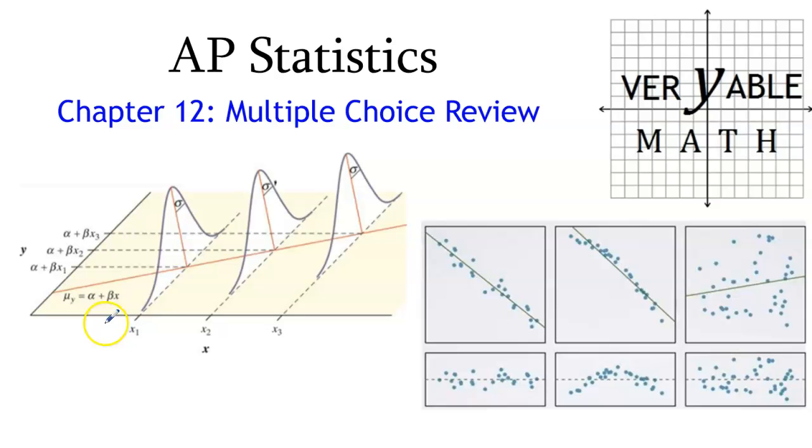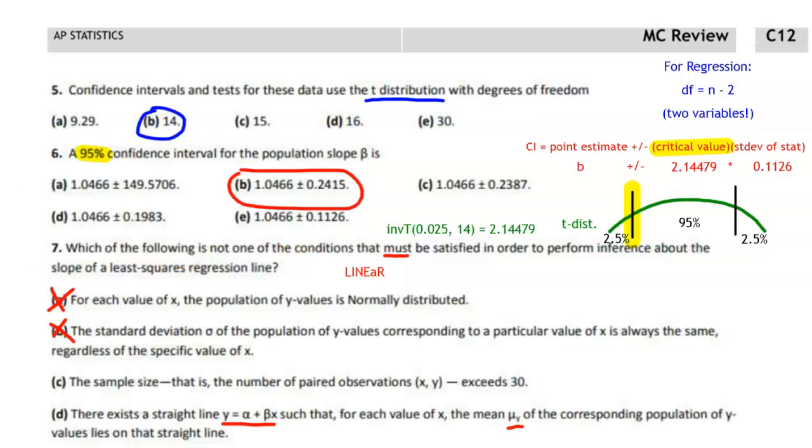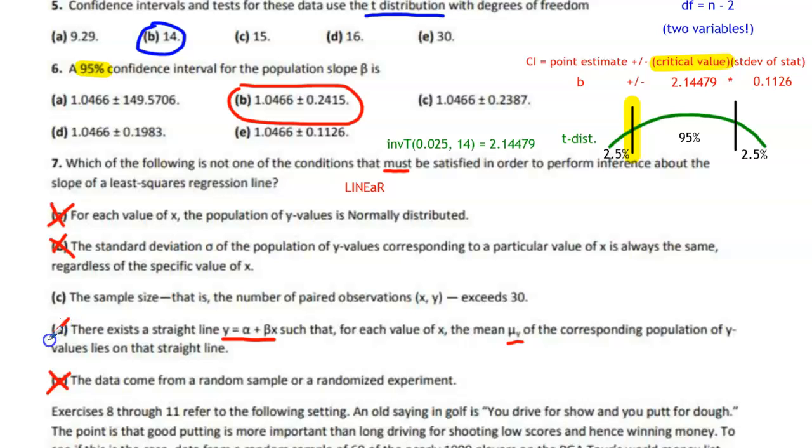For all these distributions of y values for each x, there exists one mean y value through which that line passes. That's that mean of y's. This is literally described in the textbook, so you could probably guess this is not the correct answer.